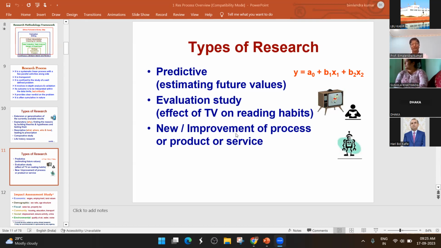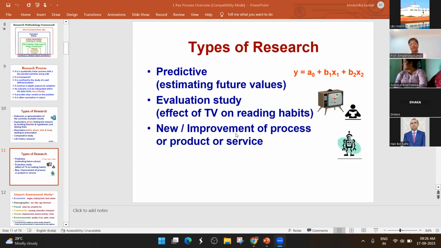So whenever there is evaluation related with all these aspects, what are the impacts of the socio-cultural aspect, what are the reading habits of childhood, how much screen time they are using on mobiles, and what types of psychological impact on the minds of the children, these are called evaluation studies.